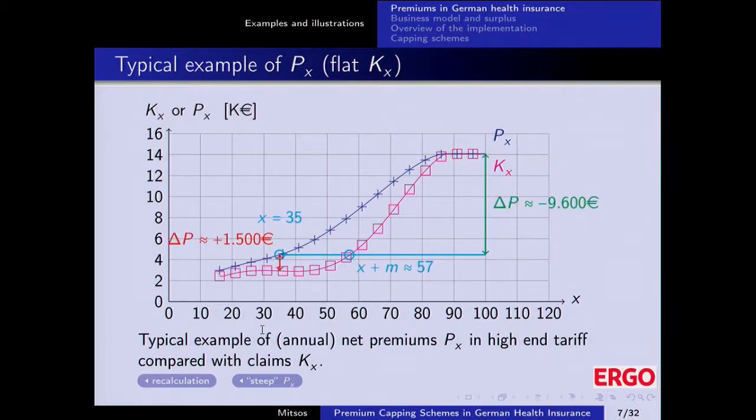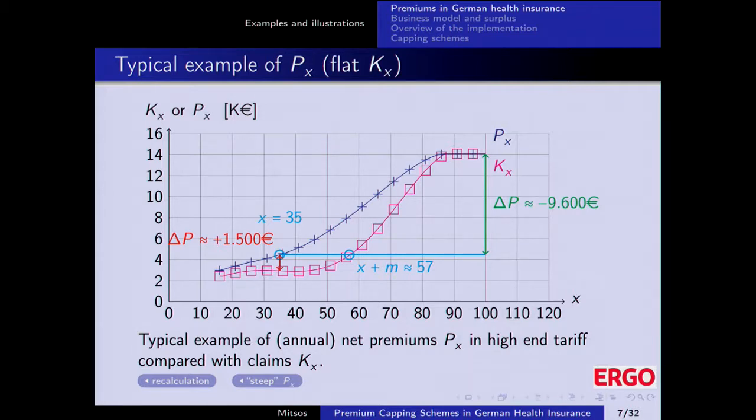So, this means a person who contracts us at age 35 starts by paying something like 1,500 euros a year more than it is needed for his claims. This 1,500 euros are accumulated in a reserve, and at some point here, he reaches equilibrium, somewhere at age 57, with this lifelong constant premium.